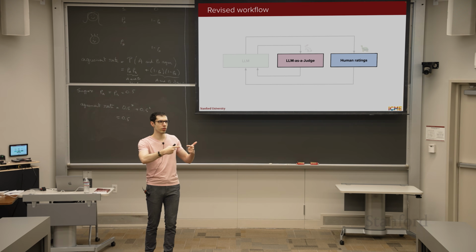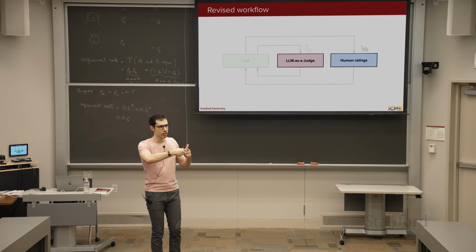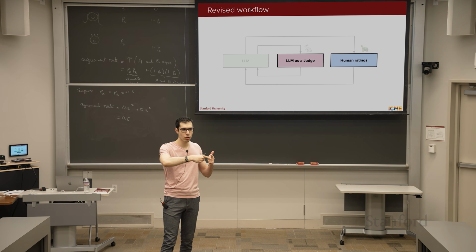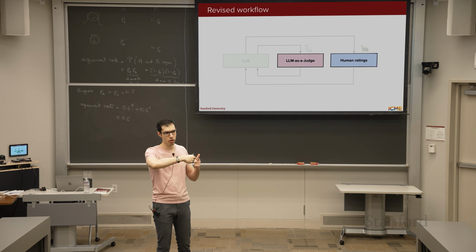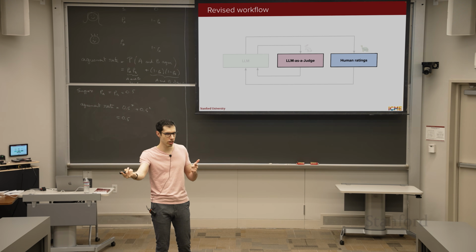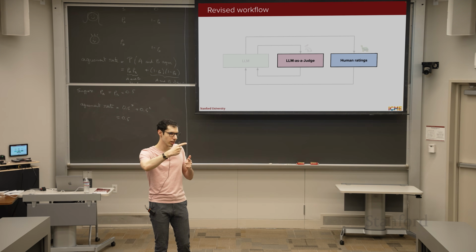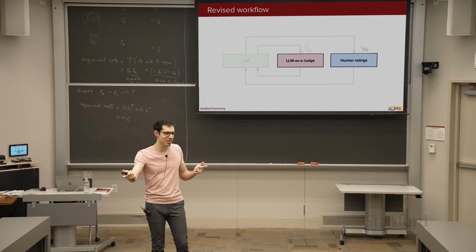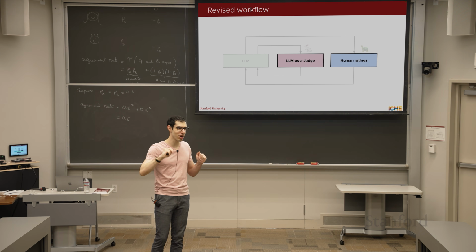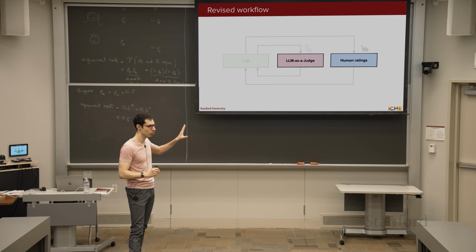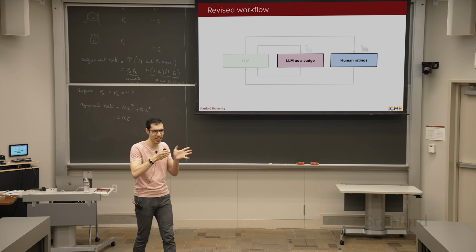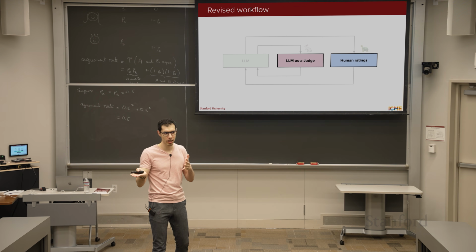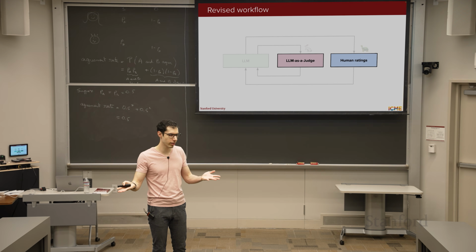Because it may be that we're improving our model so that our LLM-as-a-judge score is very high, but the LLM-as-a-judge score is itself an approximation of human ratings. So you don't want to over-optimize against a proxy. That's why you want that proxy to be as aligned as possible with your ground truth labels, which are human ratings.